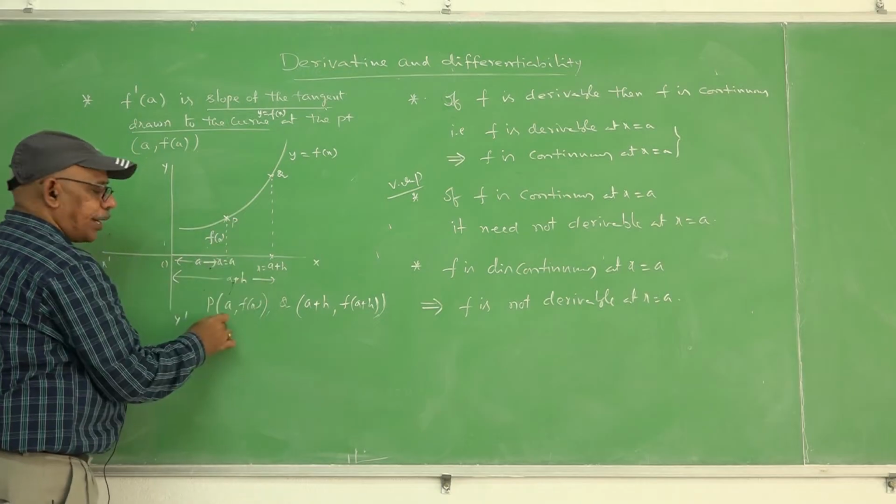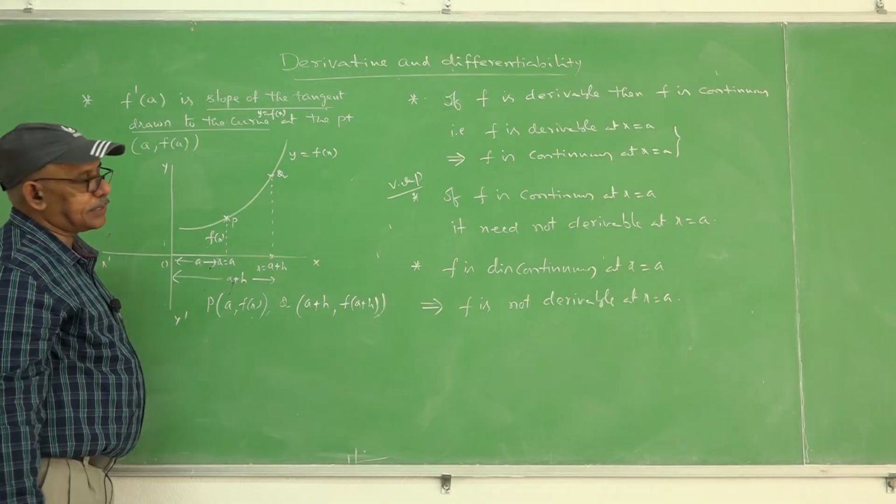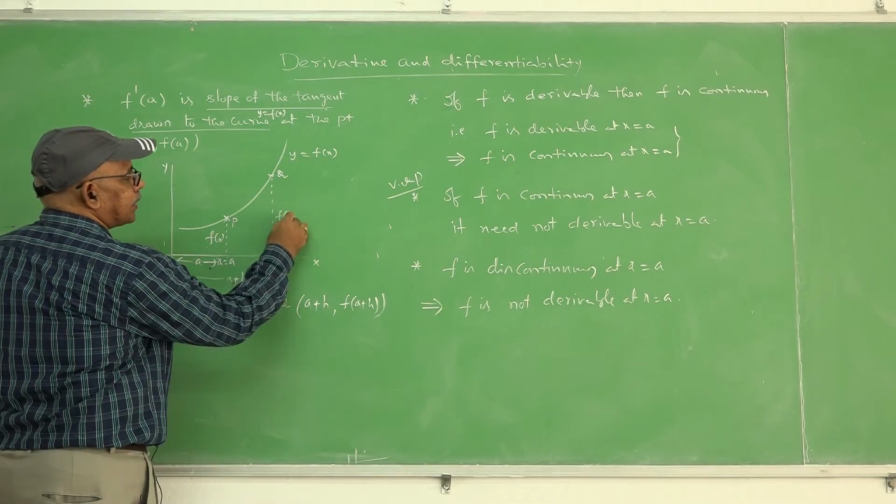So, P is the point a comma f of a, Q is the point a plus h, f of a plus h. This length is f of a plus h.